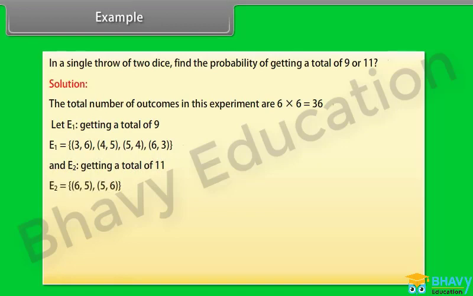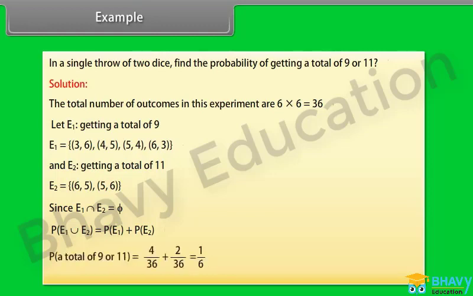E2 is equal to {(5,6), (6,5)}. Since E1 intersection E2 is empty, P(E1 union E2) is equal to P(E1) plus P(E2). P(a total of 9 or 11) is equal to 4 by 36 plus 2 by 36 is equal to 1 by 6.